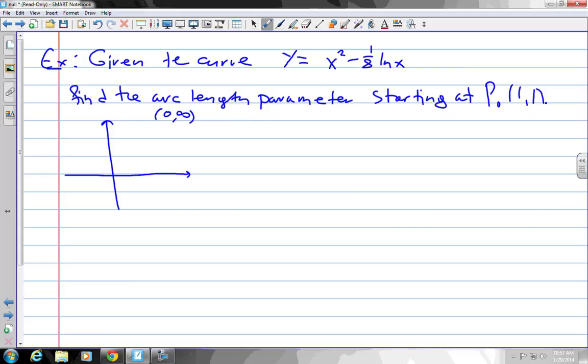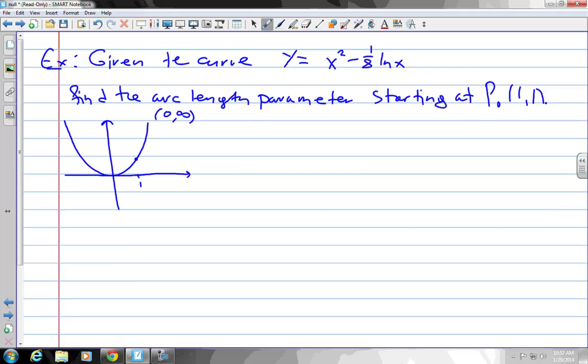So if I just think about the parabola, here's the parabola. Now, what does the natural log do? So at 1, the natural log is 0, so this thing will be the same, right? The point of the function will be on this parabola.